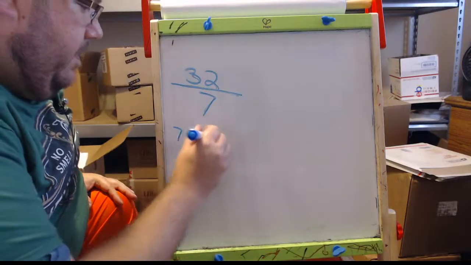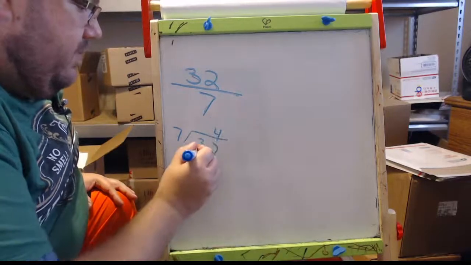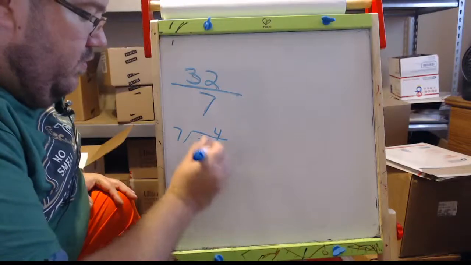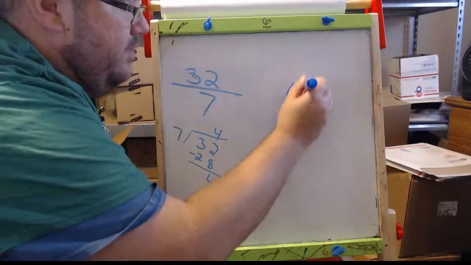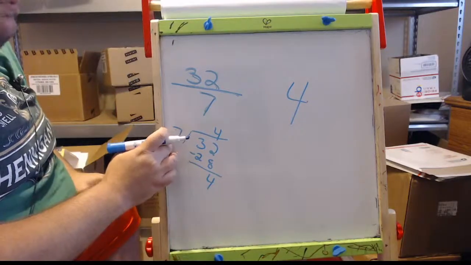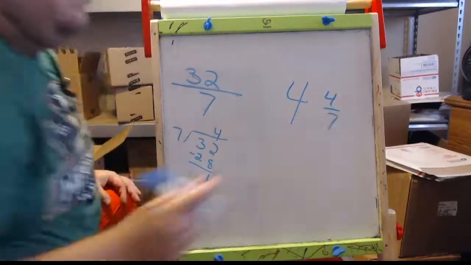So 7 goes into 32 4 times. 4 times 7 is 28, and you have 4 left over. So your mixed number is 4, how many times it goes in. Then take your remainder and put it over your denominator. 4 and 4 sevenths, like that.